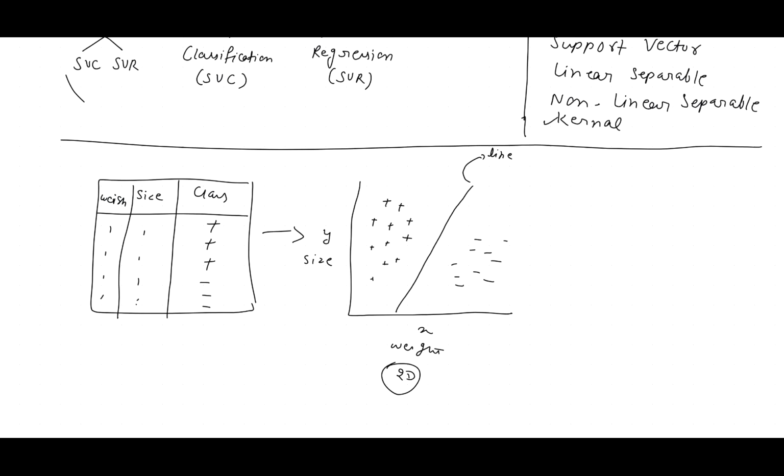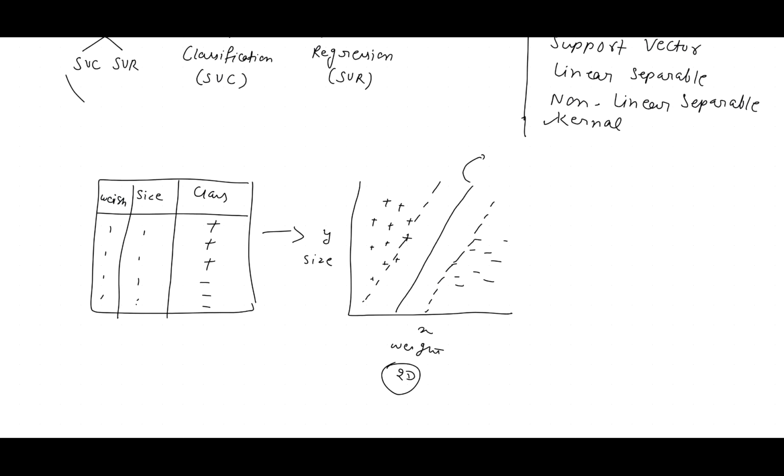We will draw a parallel plane alongside this line, like this, and this is called a hyperplane. Combined, this is the plane. You are drawing the plane parallel to this line, and in technical terms in SVM we call it a hyperplane.